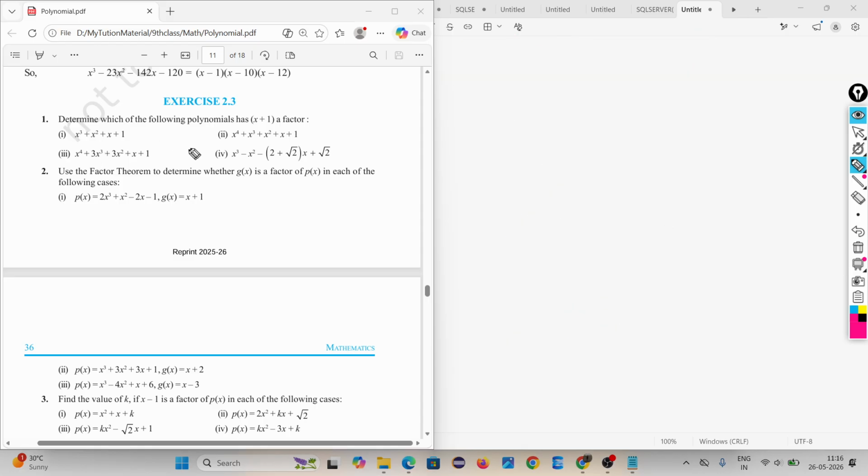Then the third question. This is the polynomial: x raised to the power 4 plus 3x raised to the power 3 plus 3x square plus x plus 1.